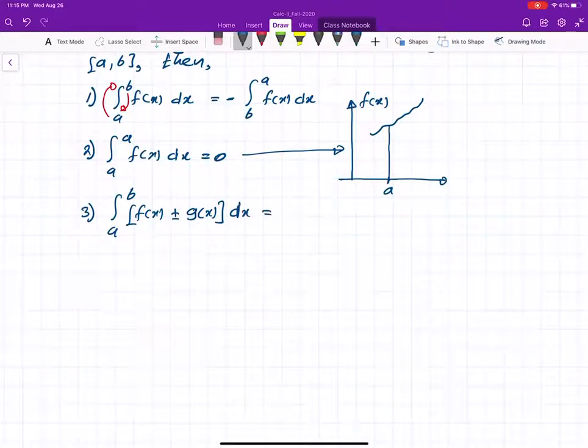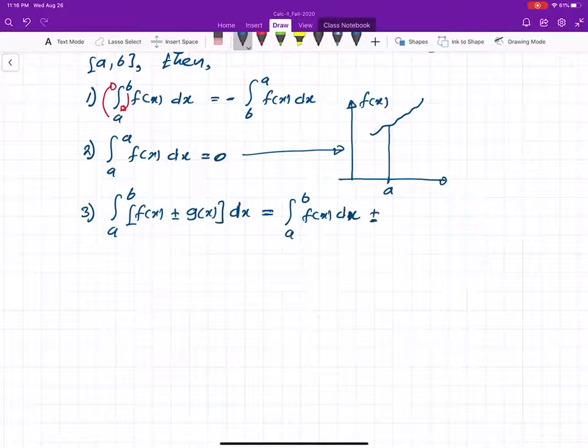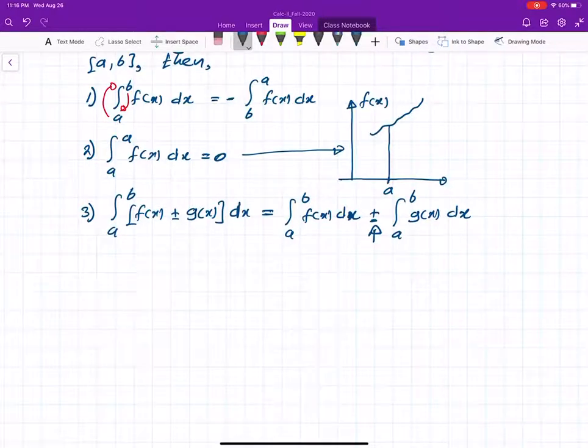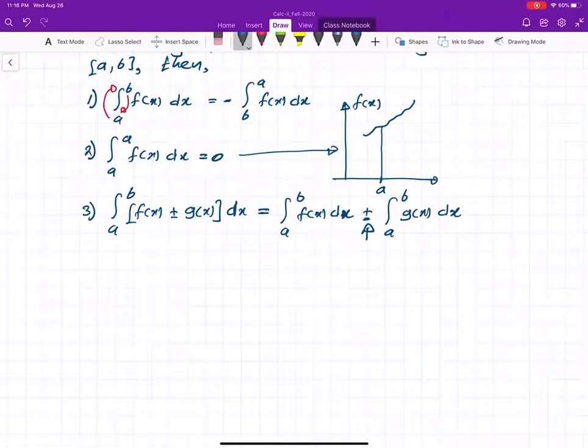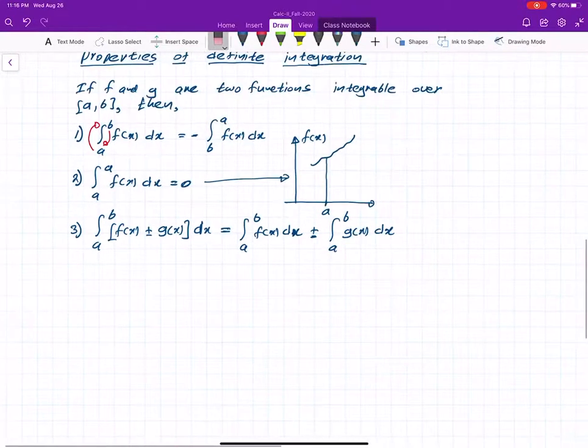This is same as integrating each function separately. You could integrate f of x separately, and then integrate g of x separately and then apply the arithmetic between. Whatever arithmetic is here, you should have that arithmetic here. If this is a sum, that should also be a sum. If this is negative, that should also be negative.